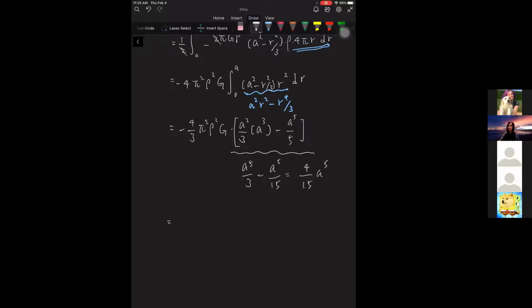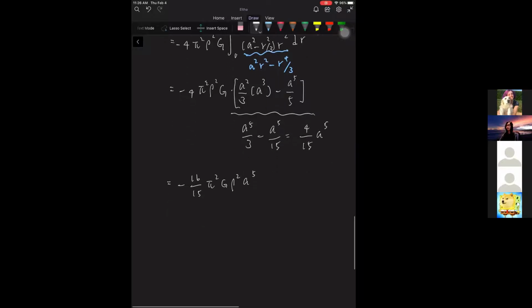Okay, so now we have, and we don't have a factor of 3 here. Right. So this is now negative 16 over 15 pi square g rho square a to the 5th. Right?